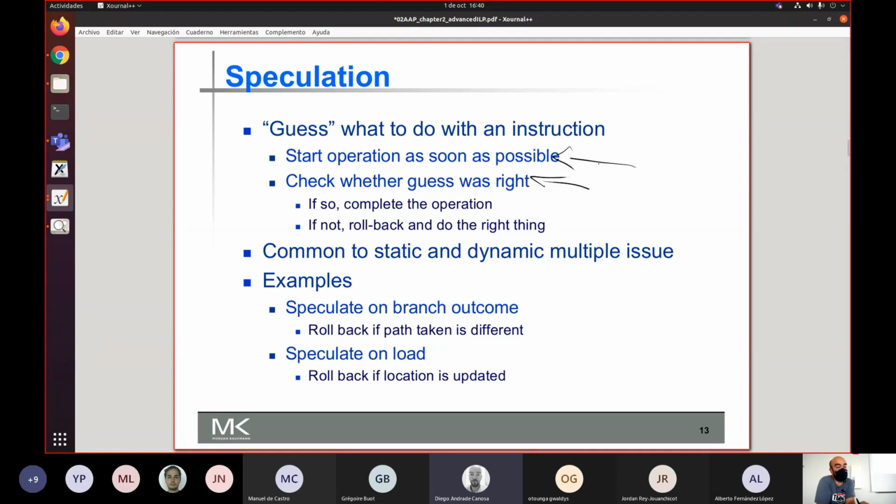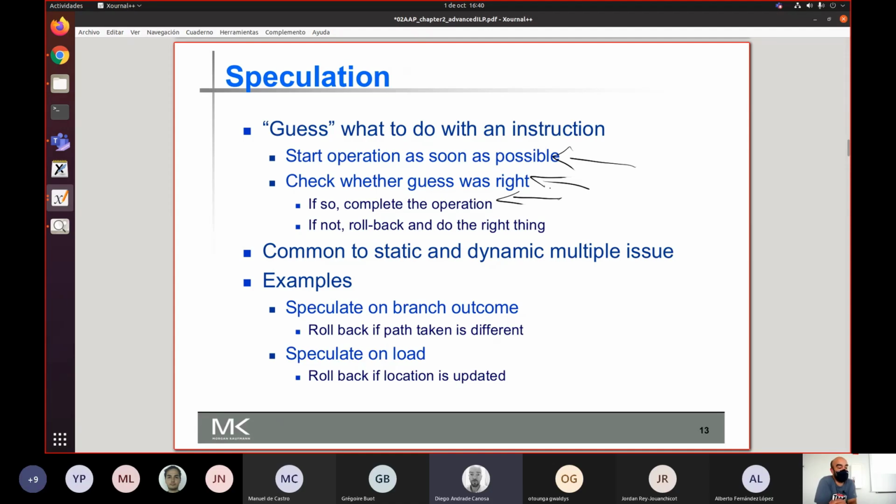If you were right, the speculation was correct, and then you can go on with the execution of that instruction that you started speculatively, okay?